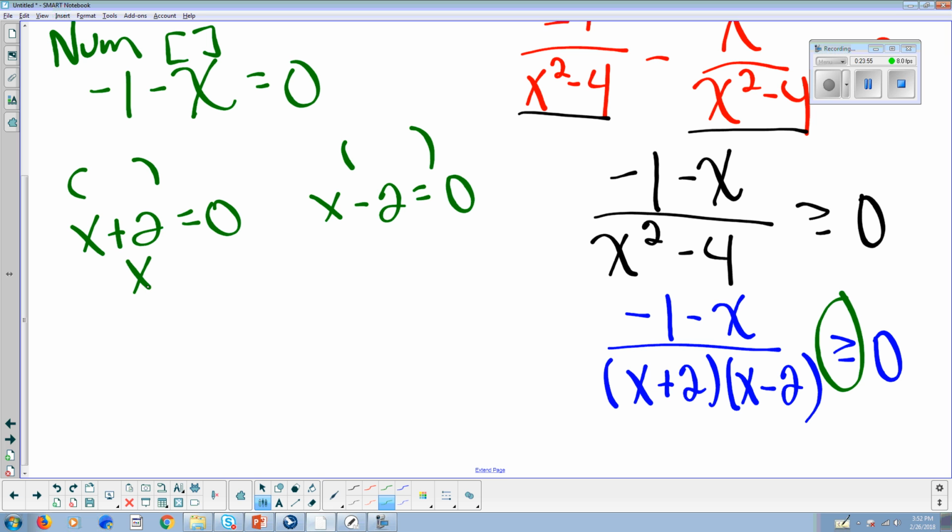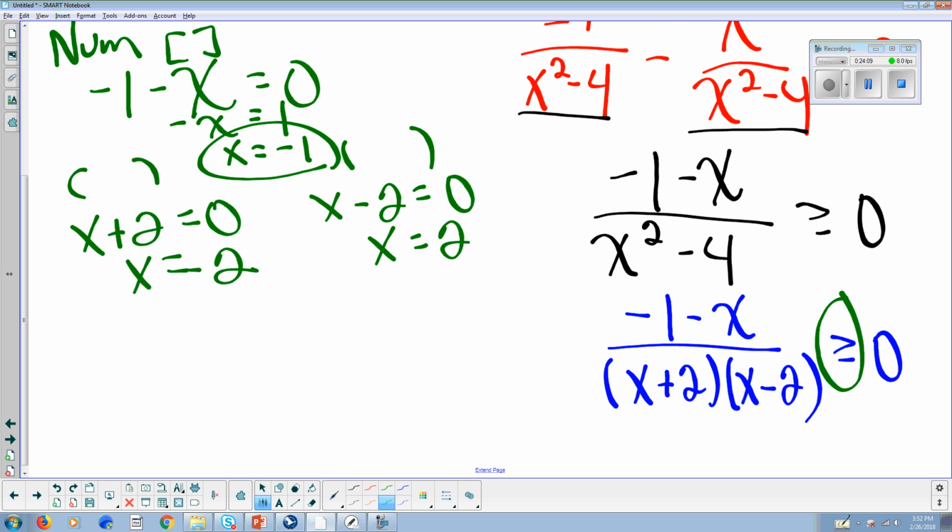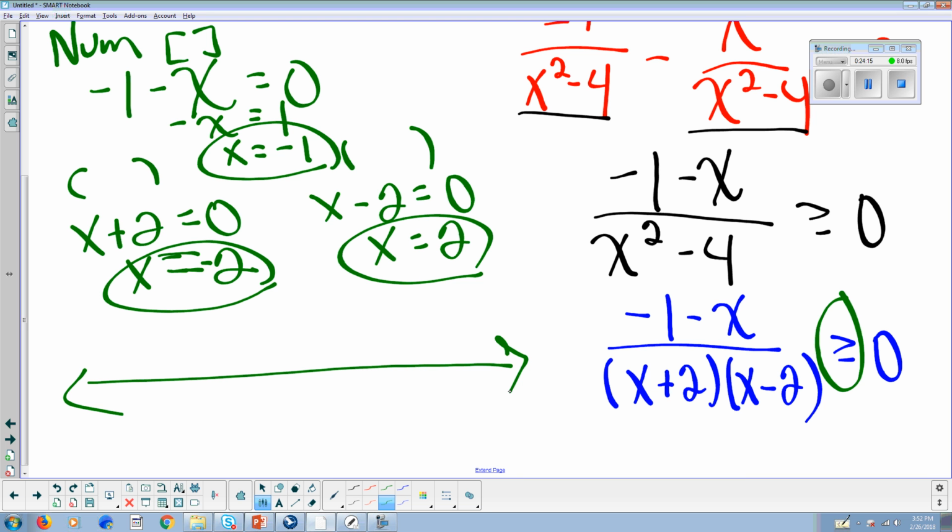So I get x equals negative 2, x equals positive 2, and solving here I get negative x equals positive 1 or x equals negative 1. My endpoints are negative 1, negative 2, and positive 2. So on my number line, here's 2, here's negative 1, and here is negative 2.